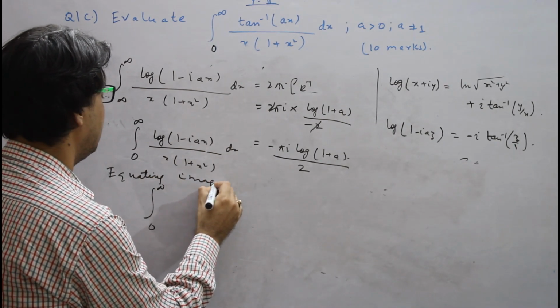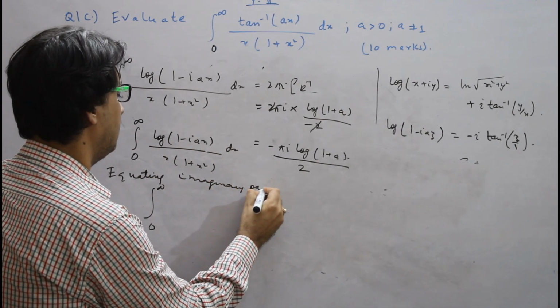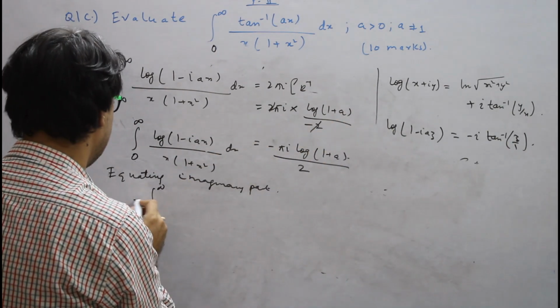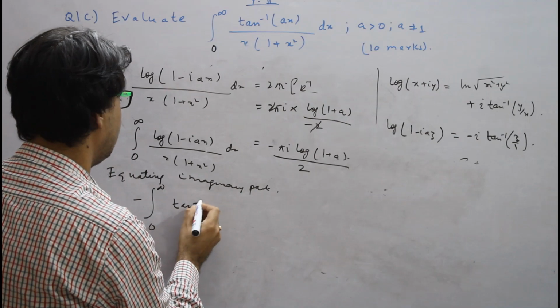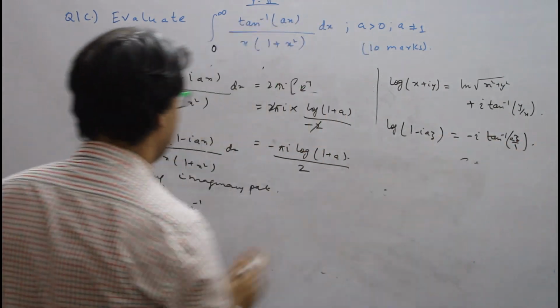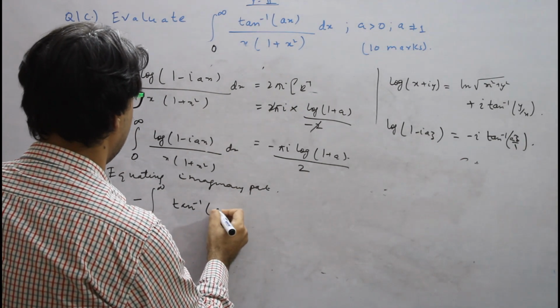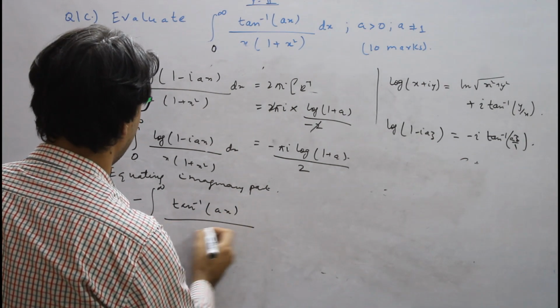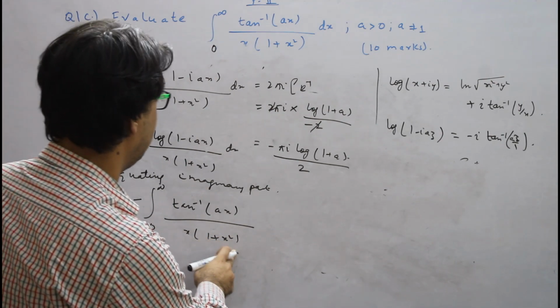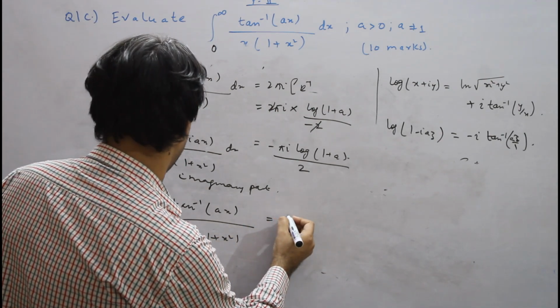When I equate the imaginary part, that is minus of tan inverse of a x, here it is a z because not factored, so this becomes ax over here divided by x into (1 plus x squared). This gives me how much?